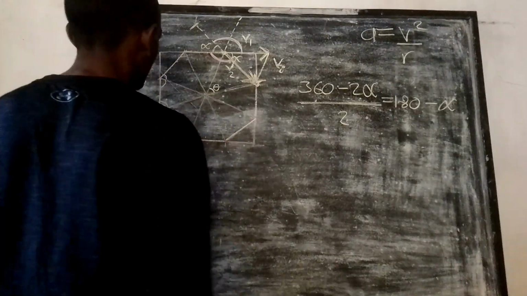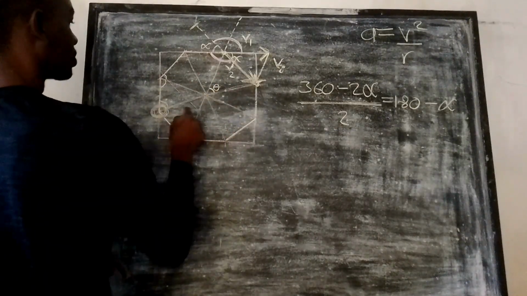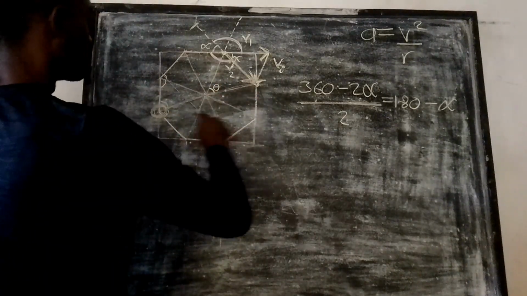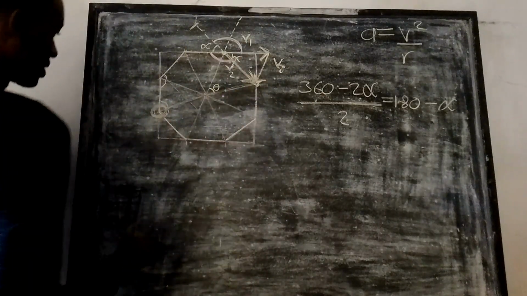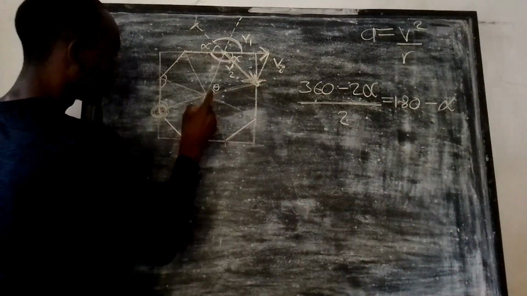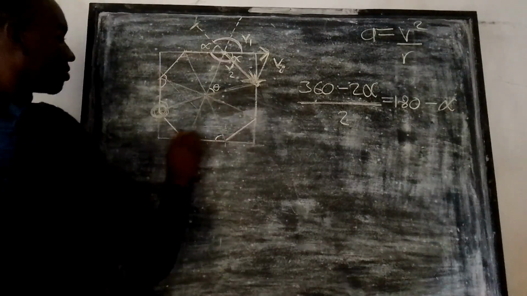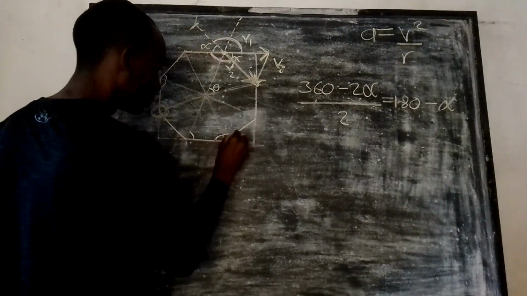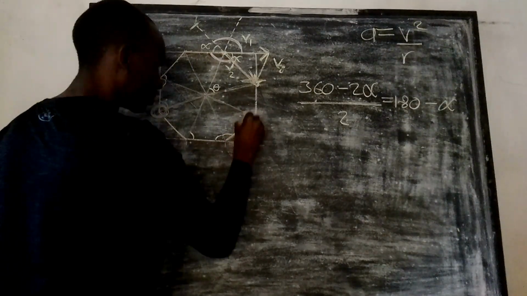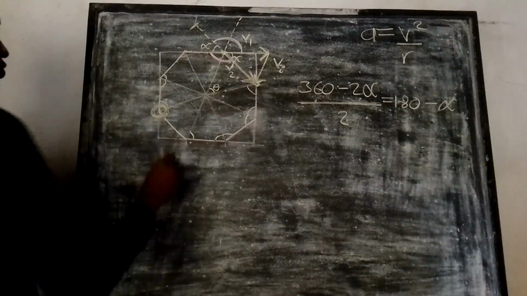Notice again that these isosceles triangles are equally divided throughout our circle, such that, being isosceles triangles, this is equal to this, but are equally divided. This angle is also equal to this angle, and is equal to this angle, and this angle, and so forth.